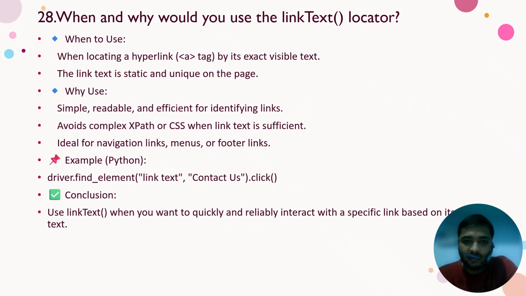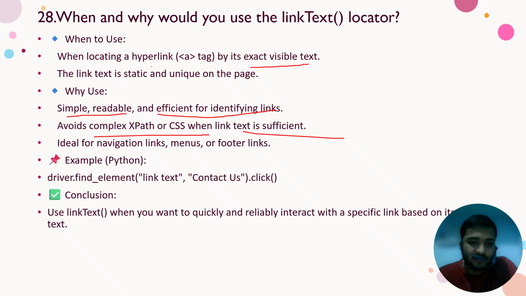When and why do you use the link text locator? Use it when locating a hyperlink by its visible text, and the link is static and unique on the page. And why: it is simple, readable, and identifies links, avoiding complex XPath or CSS.